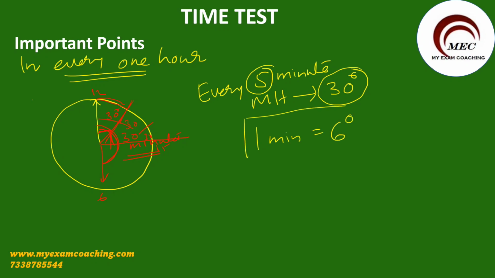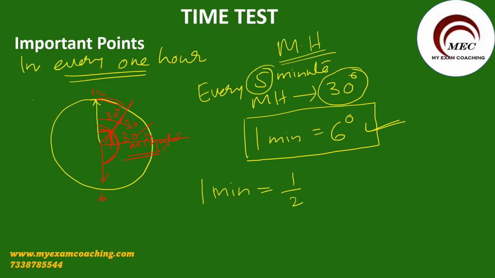Very important for the minute hand. In every 1 minute, the minute hand will make 6 degrees. And in every 1 minute, the hour hand will make how many degrees? Half a degree. This is for the hour hand. So you have to remember, initially I told you the minute space is calculated by 60 by 55.